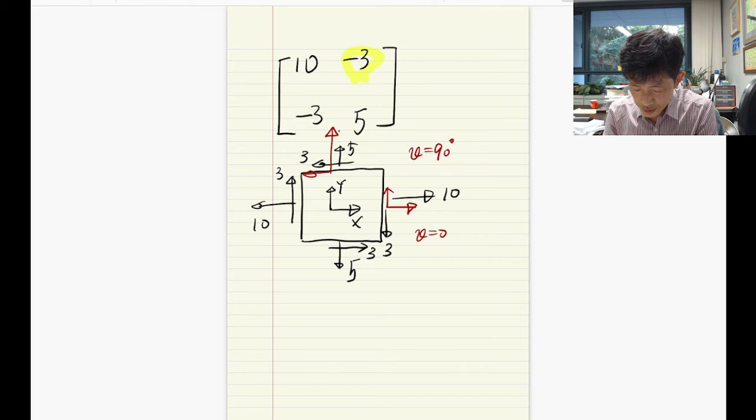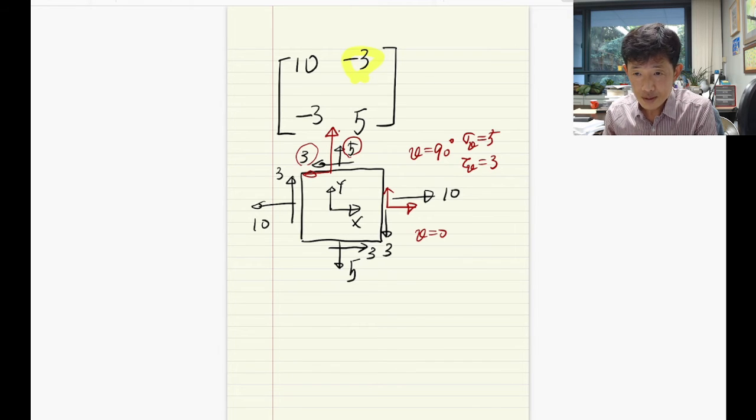Then at that position, my normal stress sigma theta is equal to 5, and tau theta has a magnitude of 3. But if you look at the direction, it is aligned with the positive direction. Then this is equal to 3, isn't it, right? So this is the situation we have.